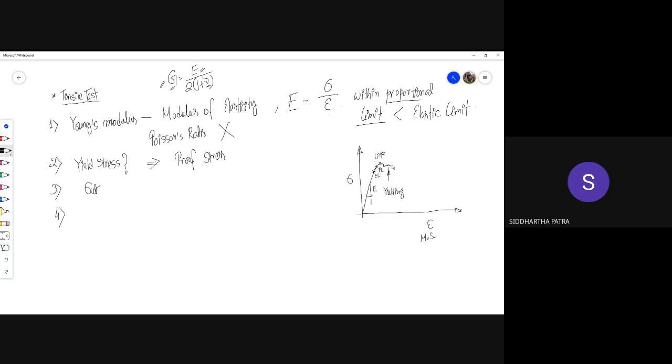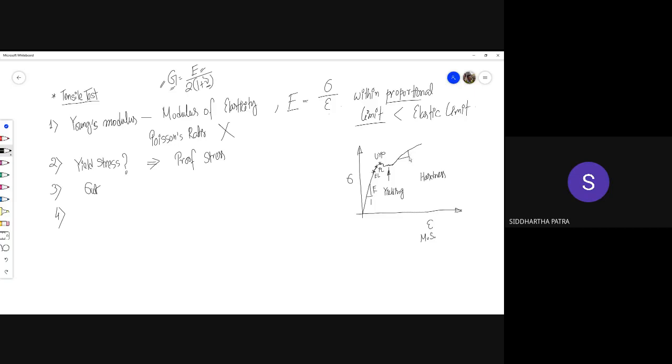And then after that, the material regains some of its so-called stiffness or hardness, and the stress again increases further. This is what the stress strain diagram is likely supposed to be.